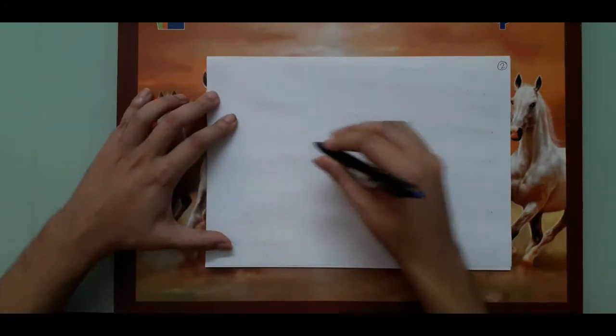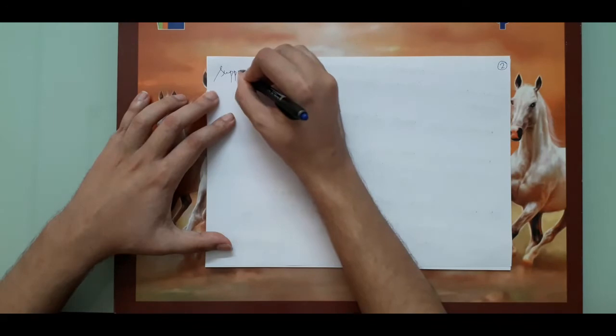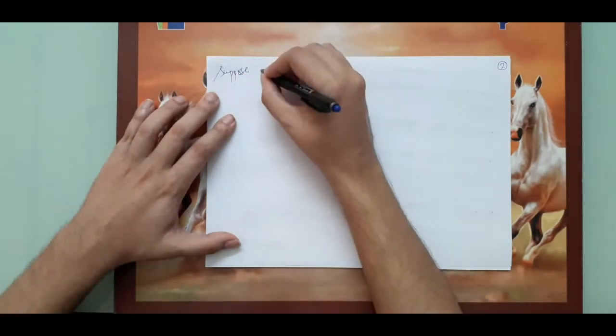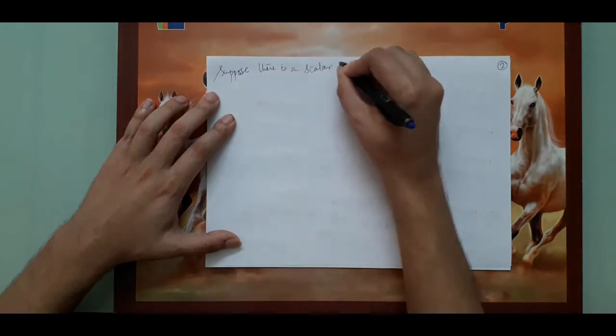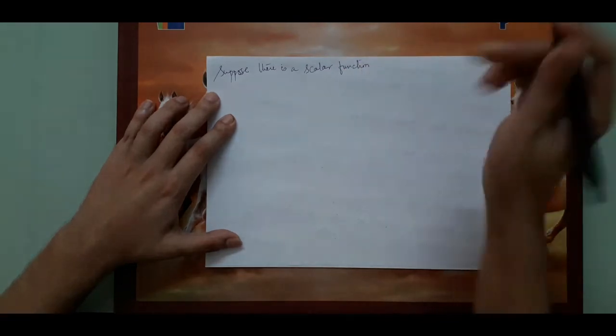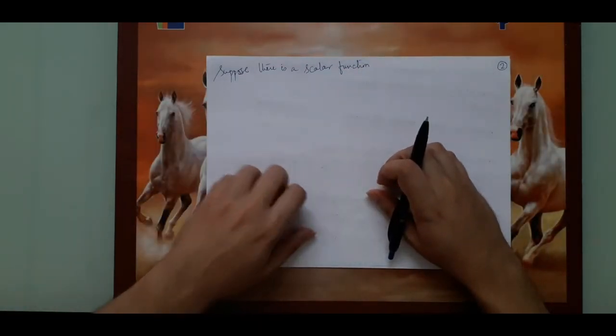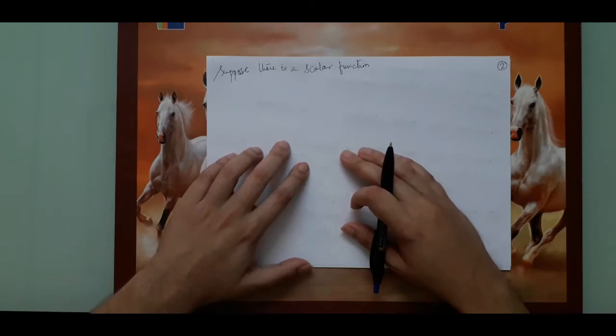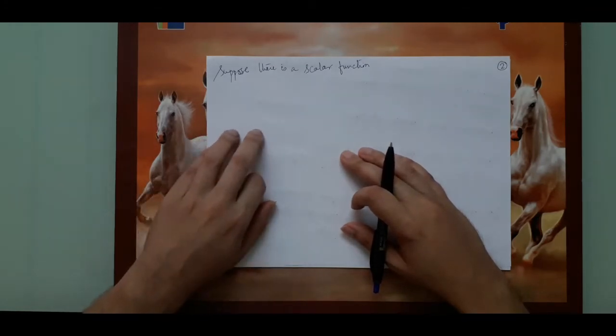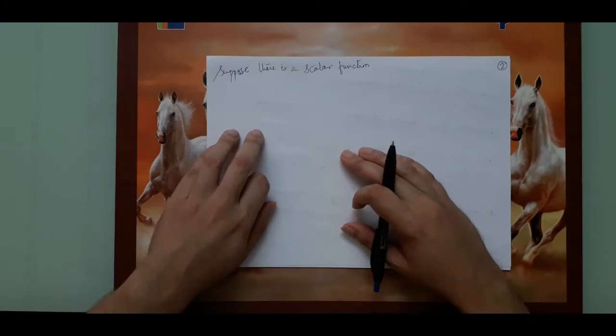Now suppose I have a scalar function. Since we are going to be talking of vectors, scalars, as far as fields are concerned, it is very important to brush up the basics of vector calculus and its implications before we delve into anything serious.